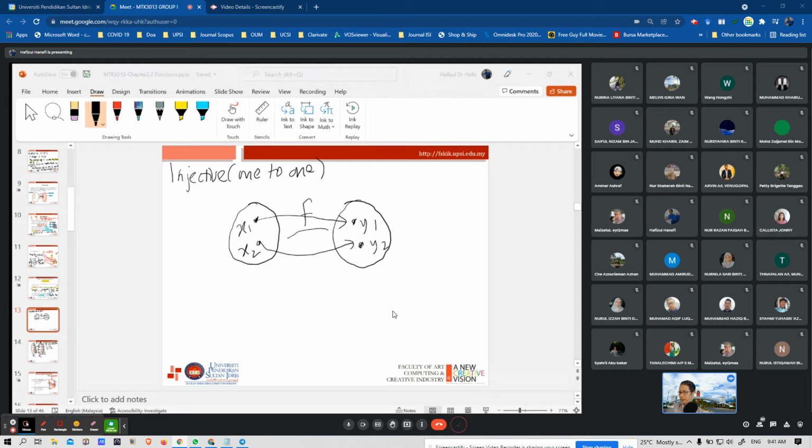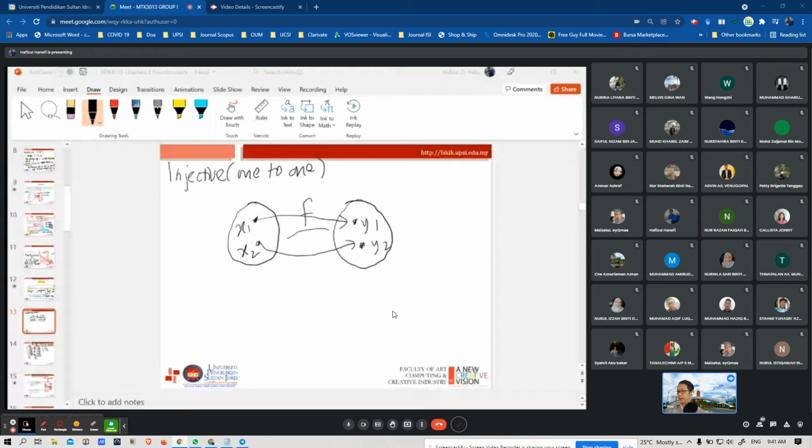Okay, we continue this one. We map the value. It will be acceptable if x2 also pointed to y1. In fact, if we have this case, then what it means is that this x2 is actually just x1 in disguise.